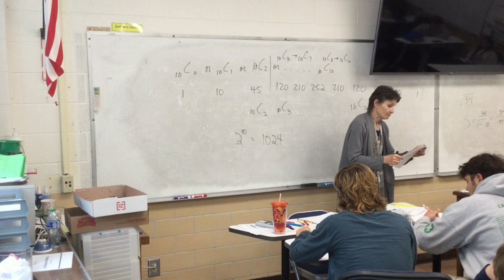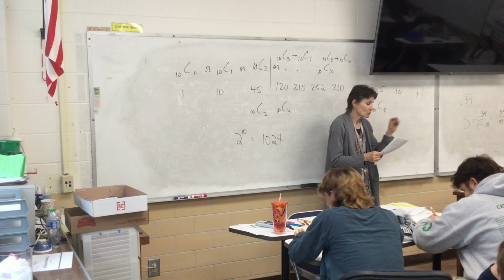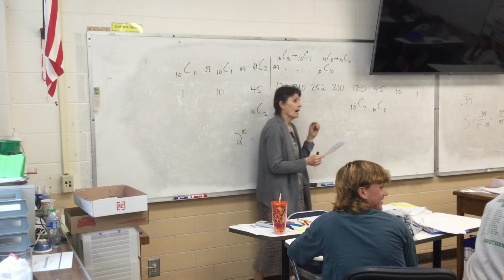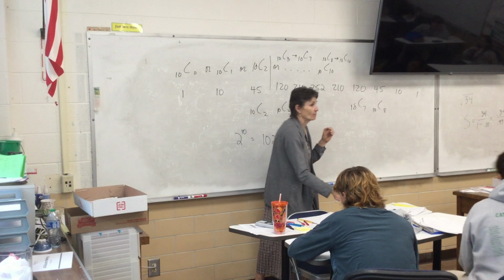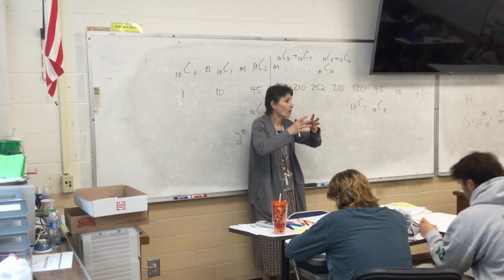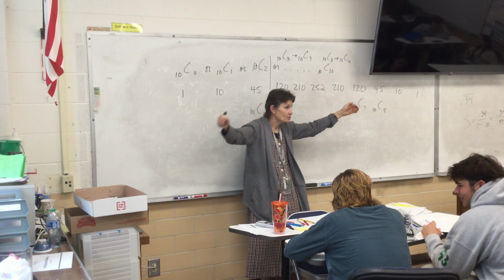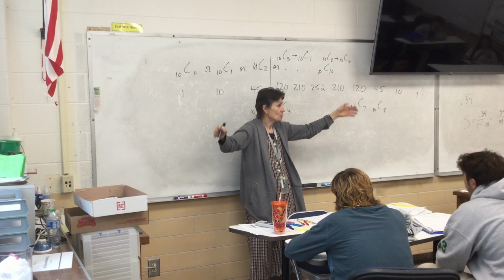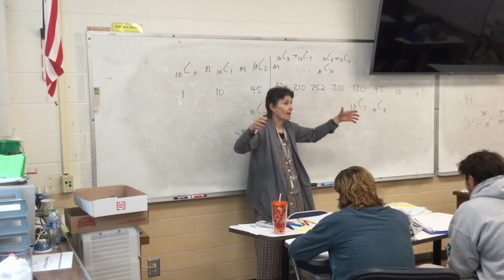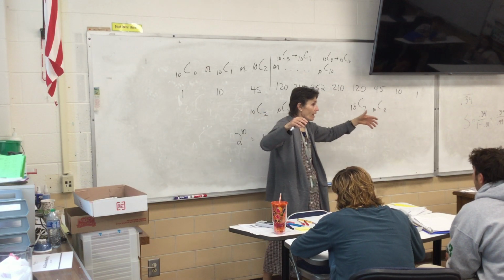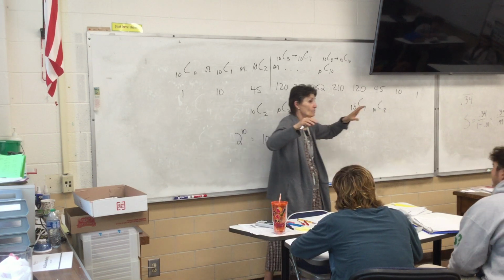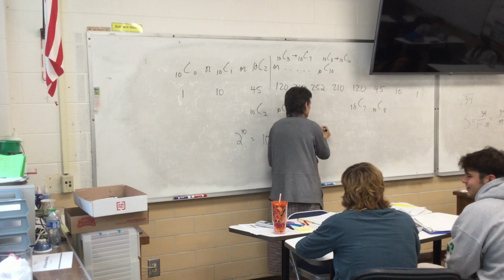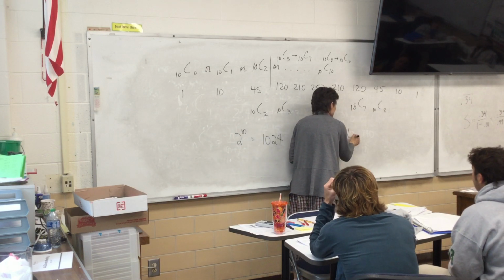Number 13. A hamburger chain once advertised its burgers 256 ways. How many toppings must have been available? So if all of the options added up to 256, then how many toppings must there have been? 2 to what power is 256?